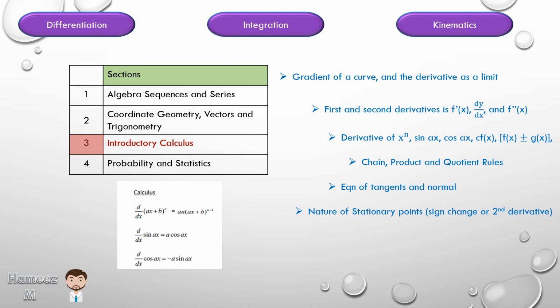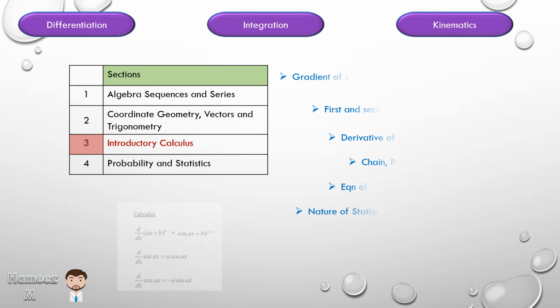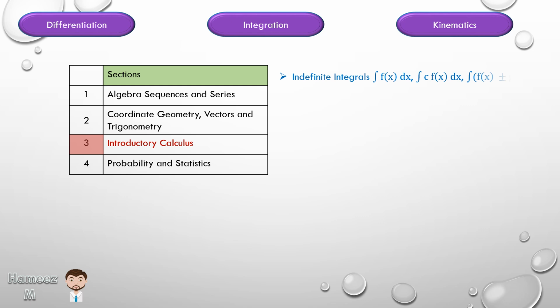If we look at the subdivision, integration, that can be broken down into indefinite integrals of f of x, c f of x, where c is a constant, and f of x plus or minus g of x, all with respect to x. Integrate polynomials, such as the integral of ax plus or minus b to the power n with respect to x, where n is not equal to 1.